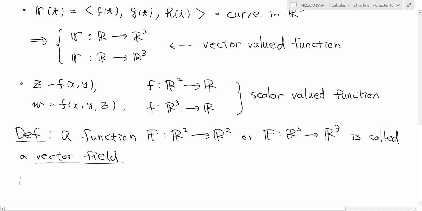A vector field produces as an output a vector in R2 or R3. So a vector field is a vector valued function. It's an example of a vector valued function.